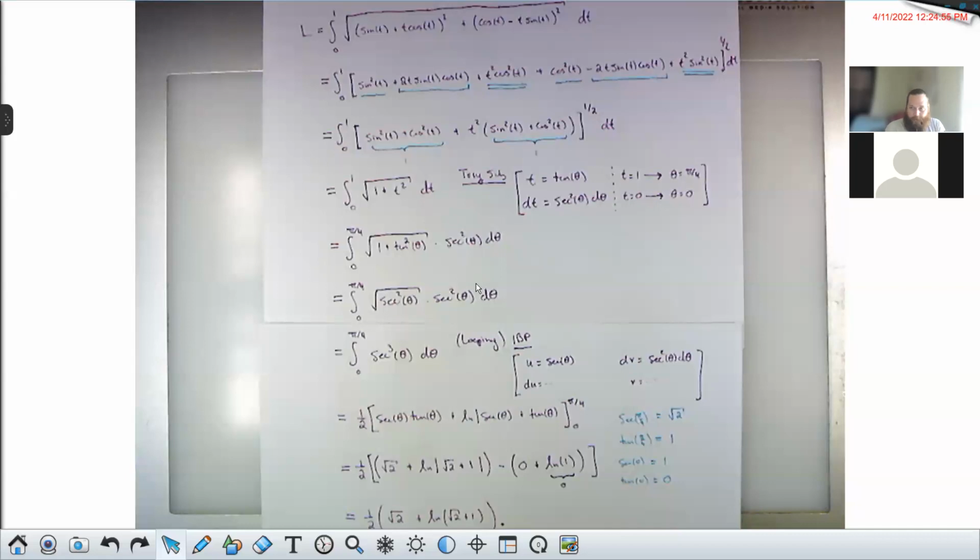I could in theory, right? And in theory, you should be prepared. But the reason we do power series before we do arc length is because many, many curves, when you try to calculate their arc length, give you something that you cannot integrate by hand, right?